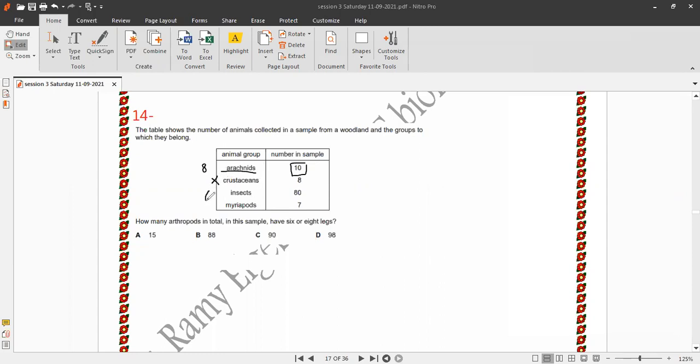Insects, 6 legs, and this number. Myriapods, many legs. So add the total number of arachnids and insects that have 6 or 8 legs. So what is the correct answer? 90. The correct answer is 90.